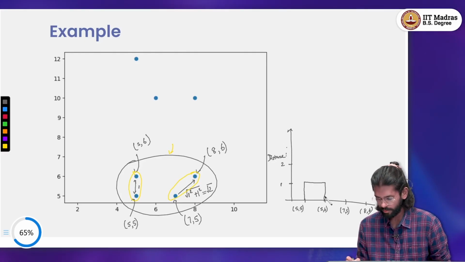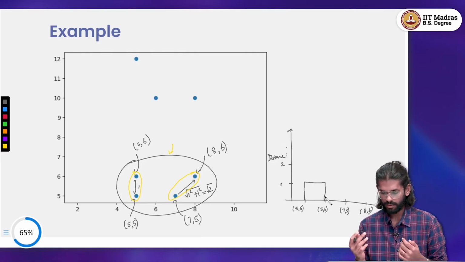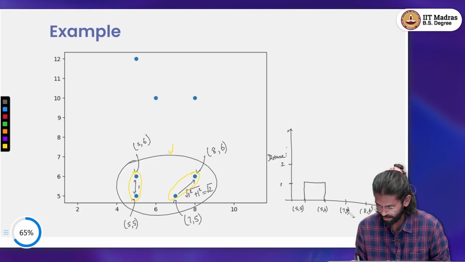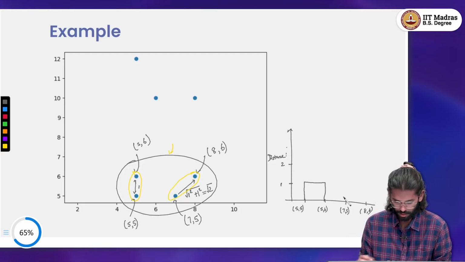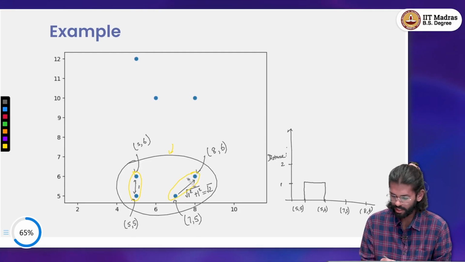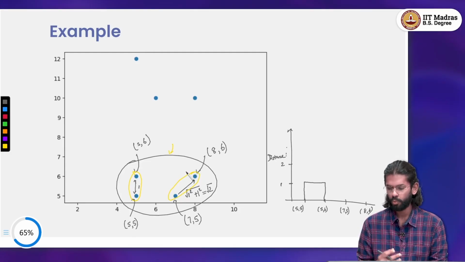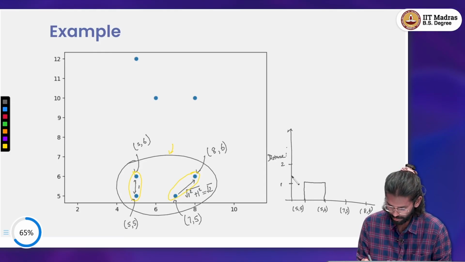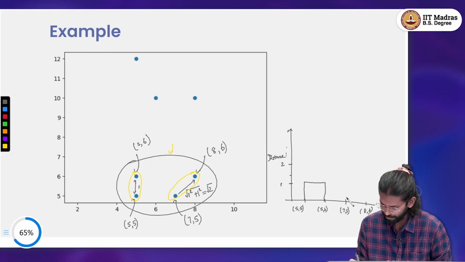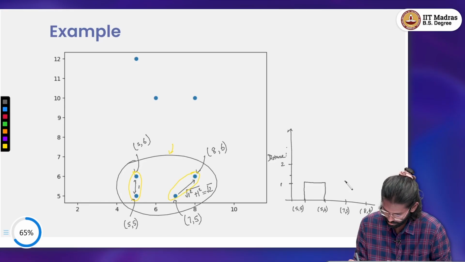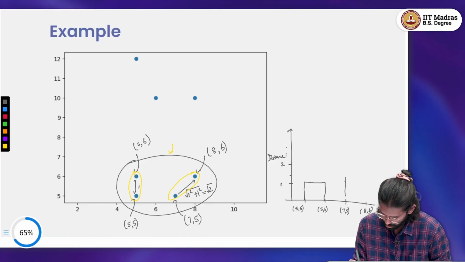So we have 5 5 and 5 6 connected at distance 1 apart. Then we also have 7 5 and 8 6, so that would be this point and this point here, and they were connected at a distance of square root 2 apart. Square root 2 is 1.414, so it's somewhere along here. So I'll draw a line for that as well.